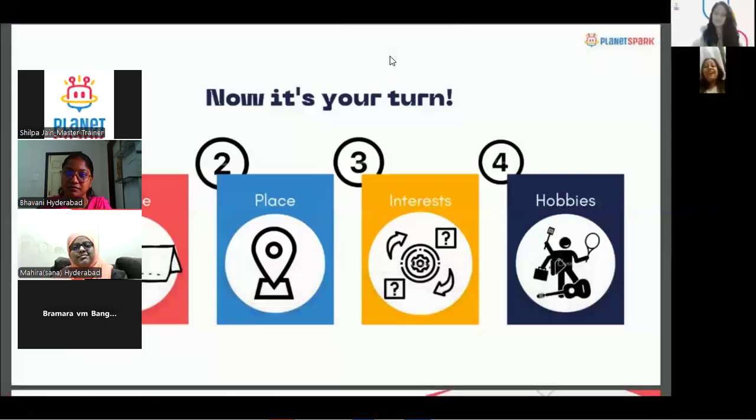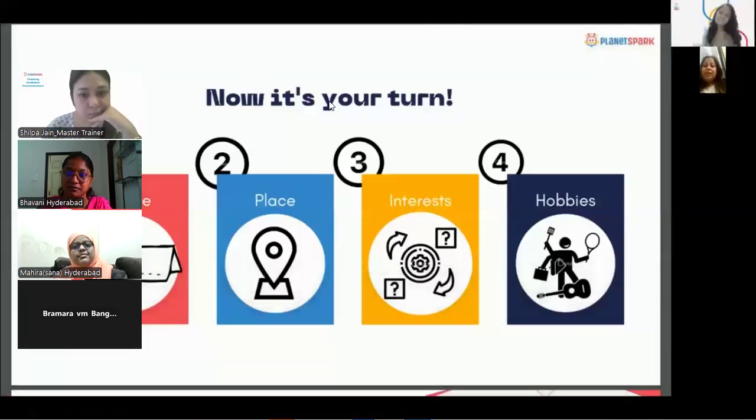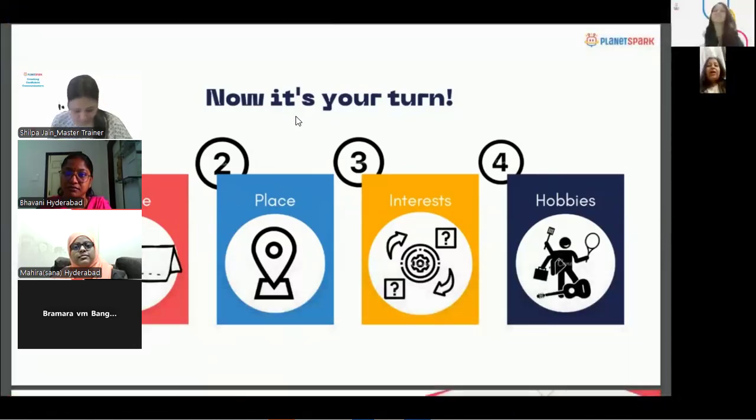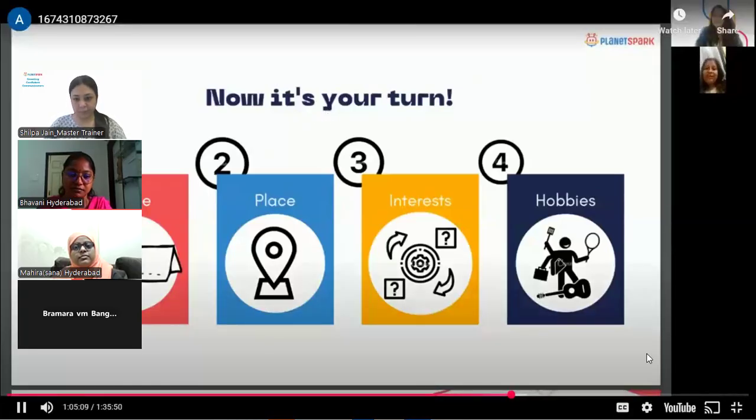And now I'm a teacher, but I'm a language teacher, Hindi teacher, and I have a daughter. I spend many times playing with my daughter, and I like to listen to music, and I bake cake, and I like to read novels, and spending time with my friends.